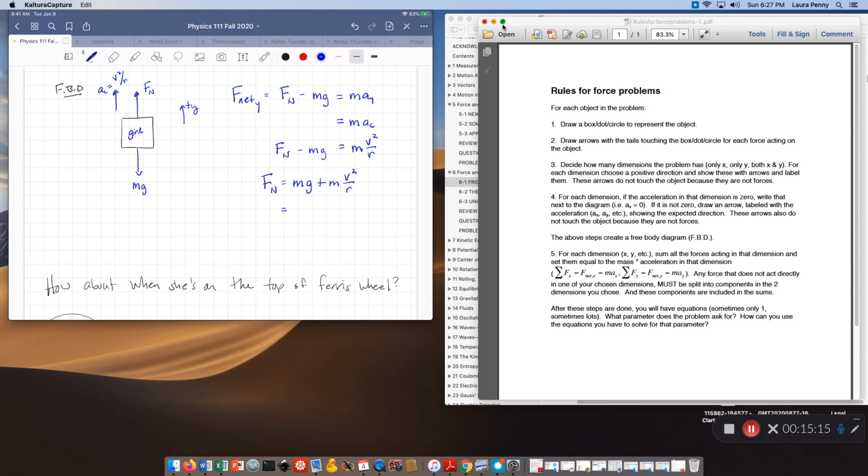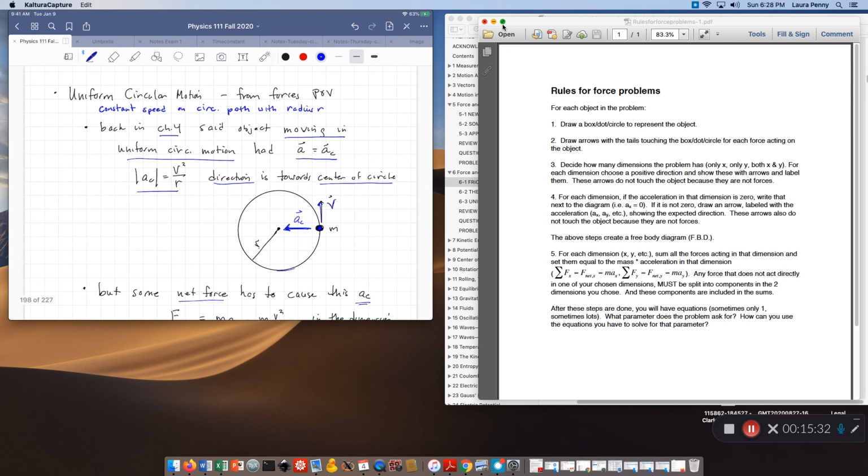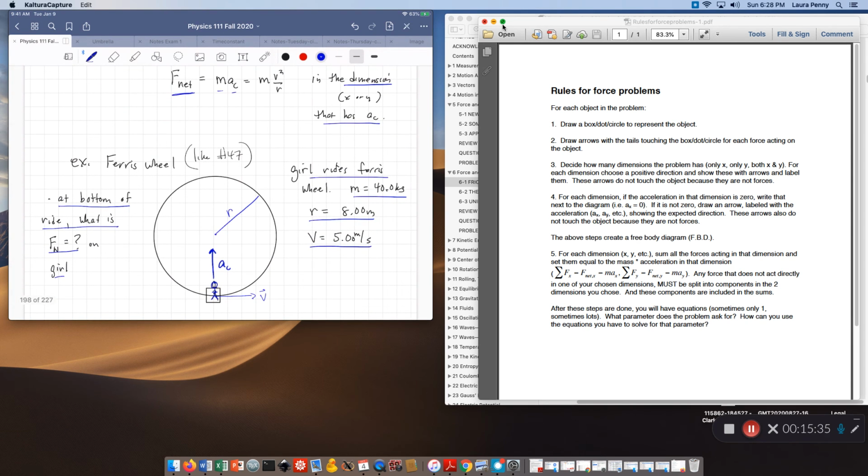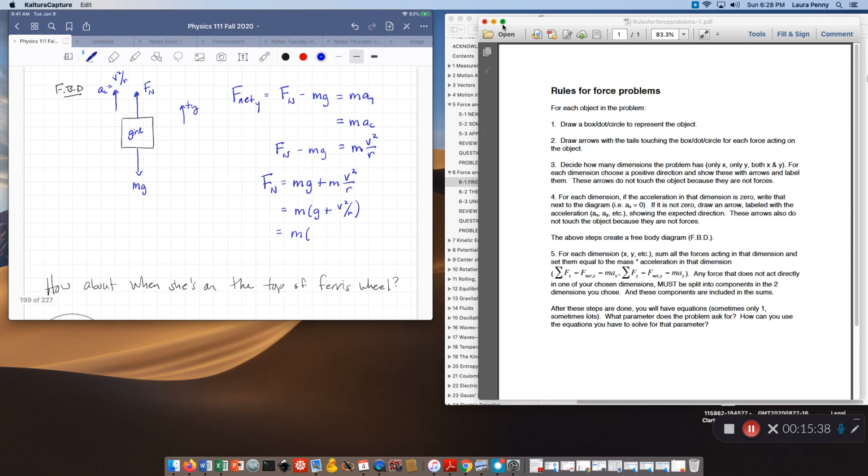And I'm going to do a little bit different here. I'm going to take that m out, and I'm going to calculate this amount. So v squared, v was 5 meters per second, and the r was 8 meters. So I'll write it out actually. 9.8 meters per second squared plus v squared is 25 meters squared per second squared divided by 8 meters.